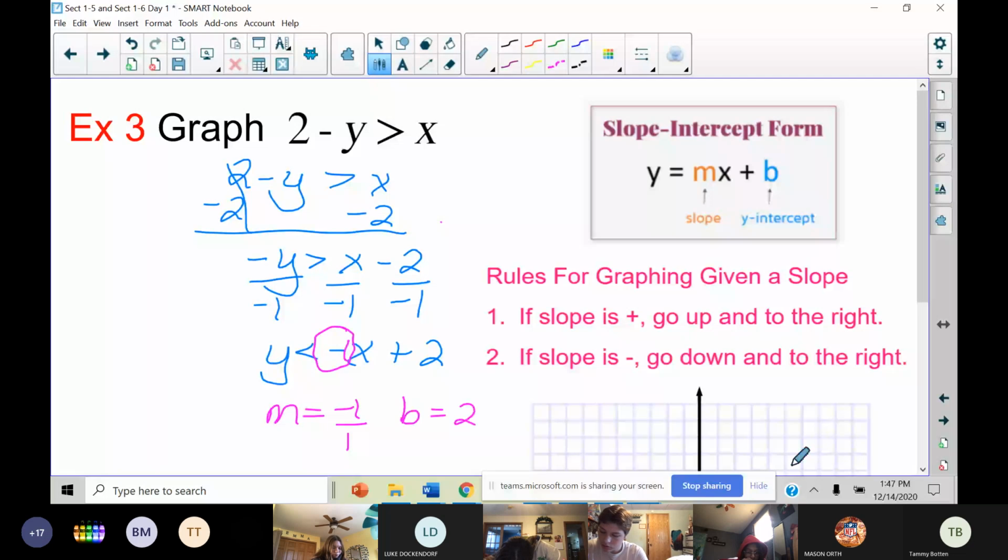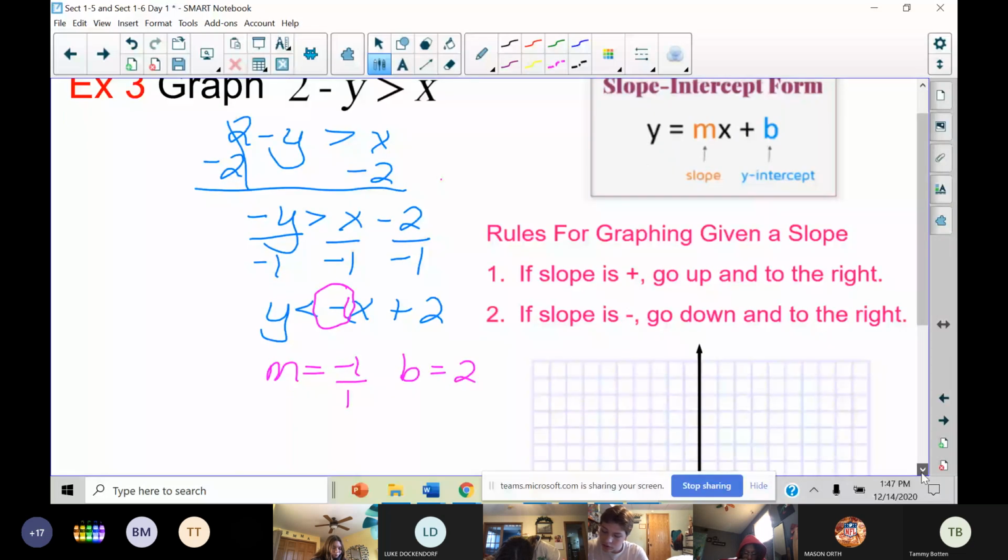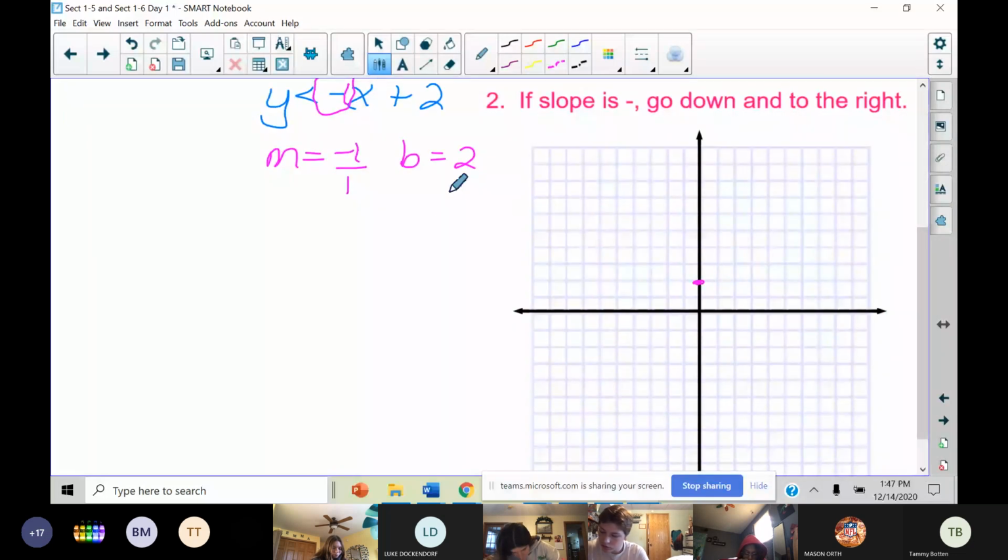So if I go to my graph, I'm going to go up to 2. And then my slope is -1 over 1. So this one's going to have a lot of dots. You're just going to keep going down one to the right. And then you can keep that pattern, go up 1 and 1 to the left, and you'd see where that graph should be.